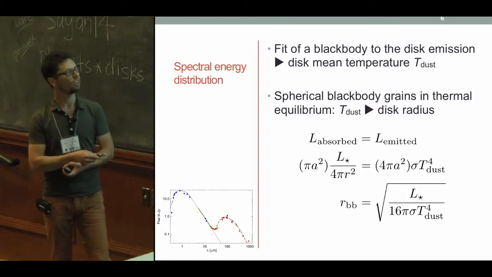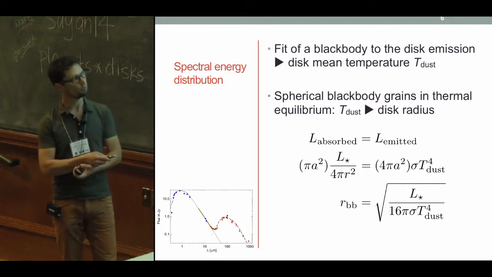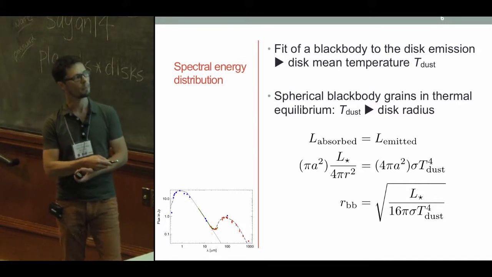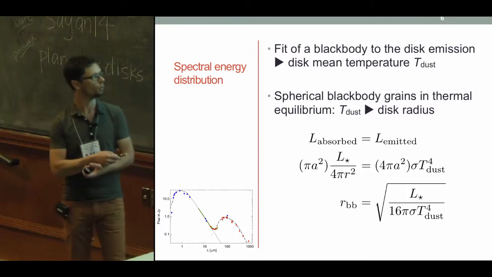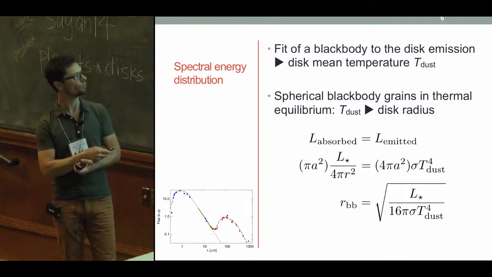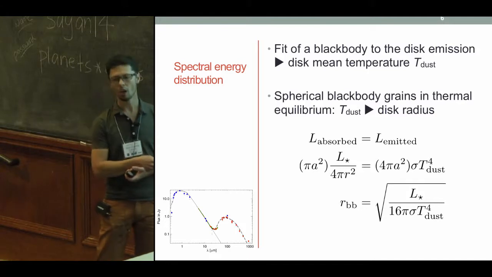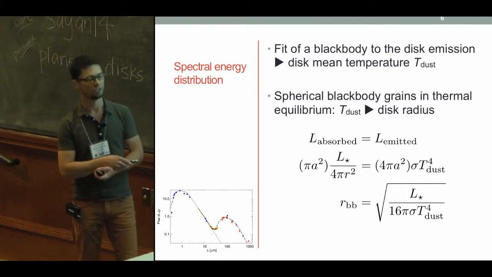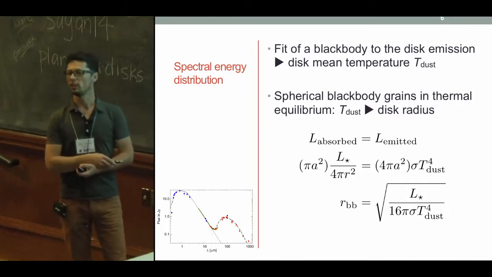And you see that it's very convenient, because it only depends on two parameters: the luminosity of the star, that in principle you know, and the dust temperature that you obtain by fitting a blackbody to this SED here. It does not depend anymore on the grain size, which is a here in these equations. So let's see if it works.